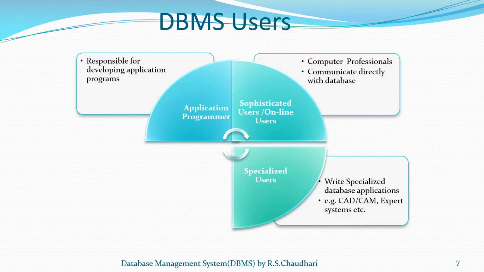For example, in a hospital, knowledge base or expert systems are used, and based on that, the diseases of the patients are found out. So these systems store data with complex data types. For example, they store graphic data and audio data, and environment modeling systems are used here.